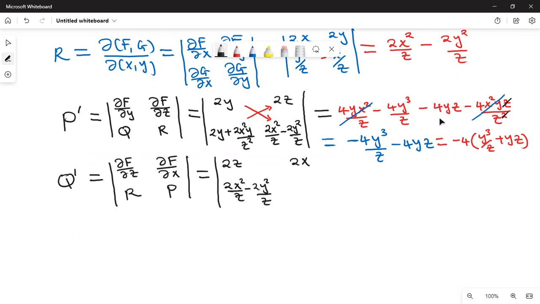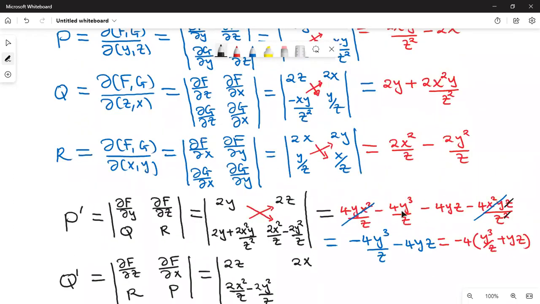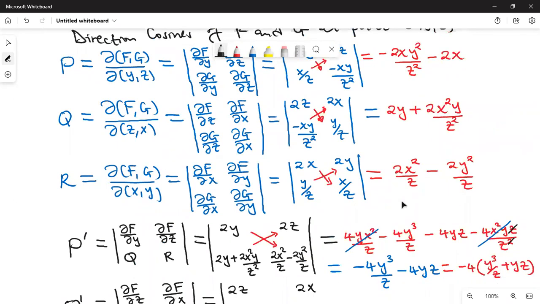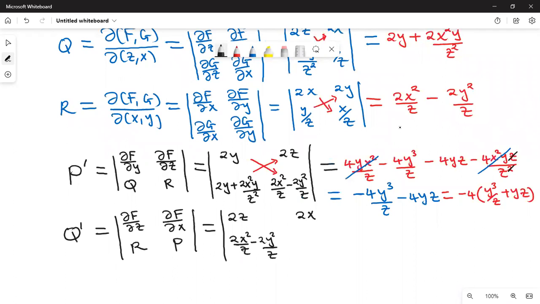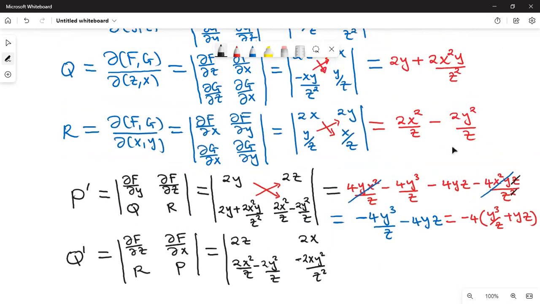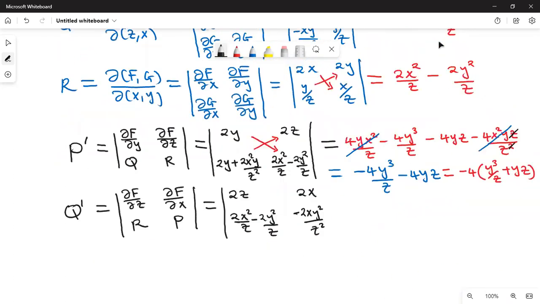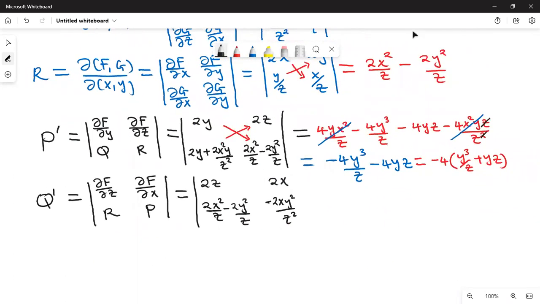Then our p capital, let me check. We got negative 2xy squared over z squared. This is what we got. Negative 2xy squared over z squared. Then I can see there is another term, minus 2x. So minus 2x.